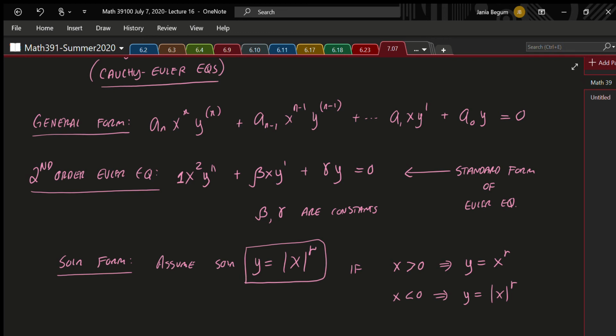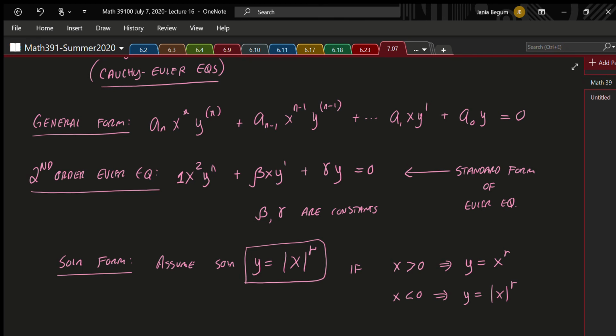Now, before we talk about regular singular points or any sort of singular points, we want to know how to solve these equations, Euler equations. And then we can talk about series solutions about these kinds of equations. So if I assume that's the solution form, let's see what we get if we plug these in.